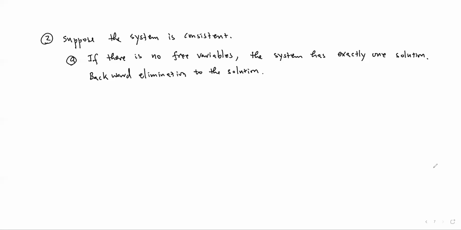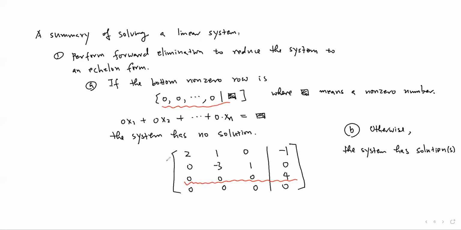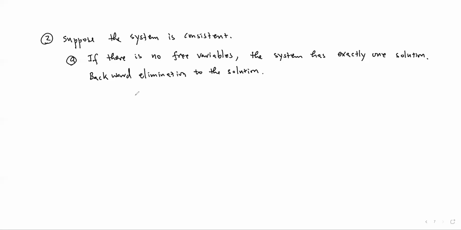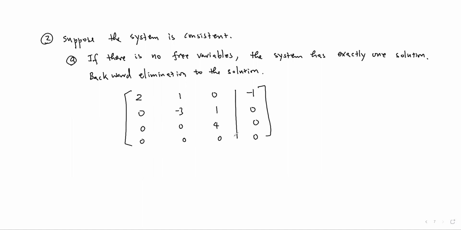Here, I still use this matrix, but let me move this 4 to the free position. 2, 1, 0, -1; 0, -3, 1, 0; 0, 0, 4, 0; 0, 0, 0, 0. This linear system has no free variables.